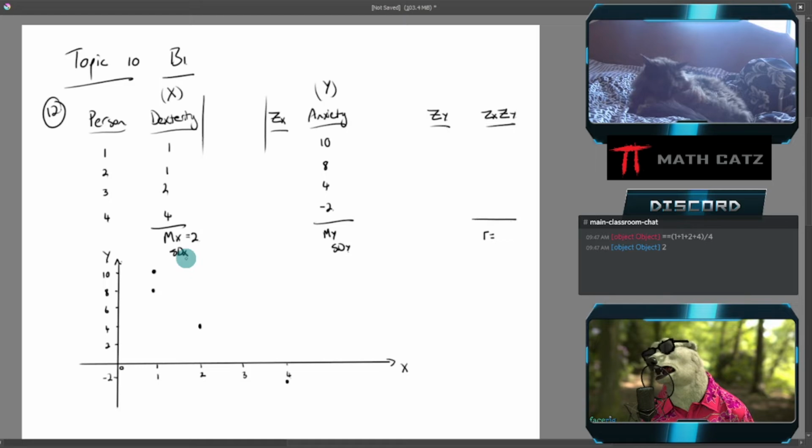Now for the standard deviation, I have to put in a little bit more effort. I have to look at the deviation from the mean and find a score for each one of those. So I'm just going to write it like this, give myself some space here.